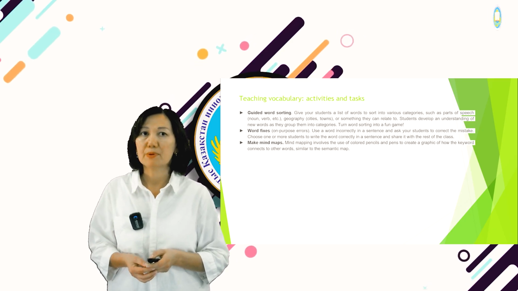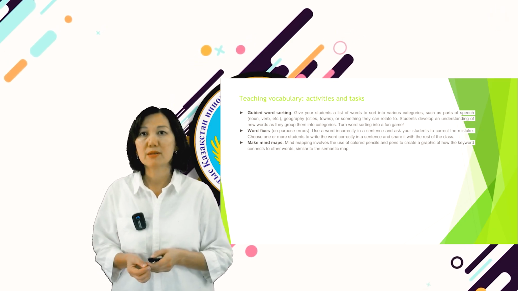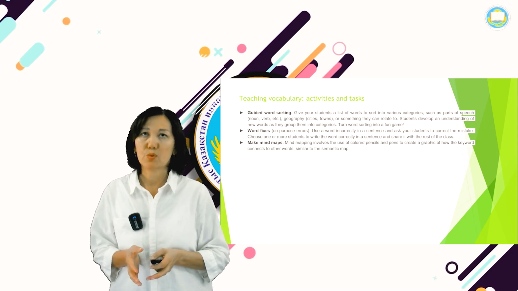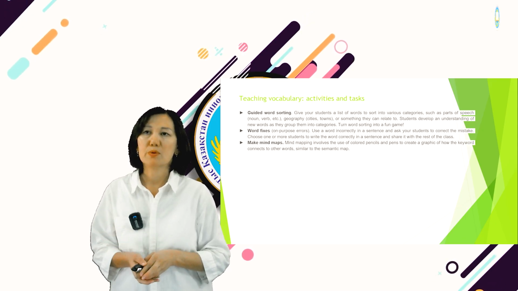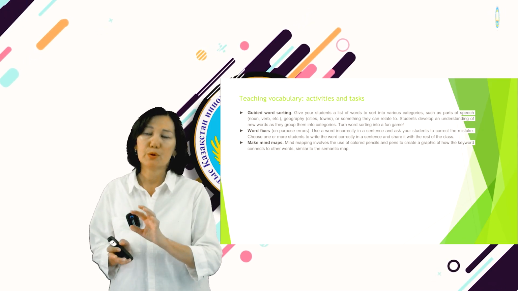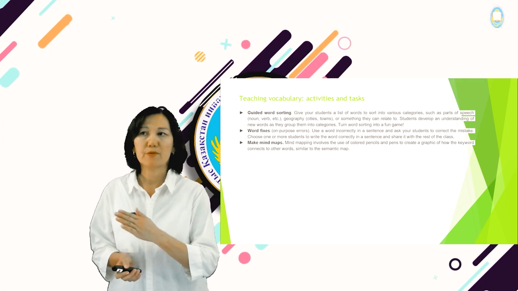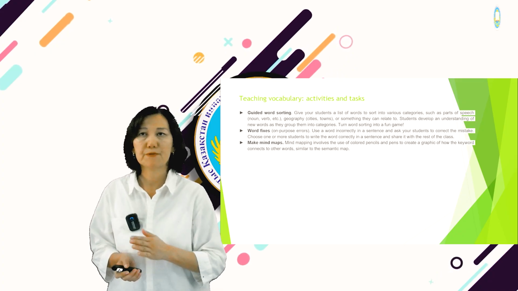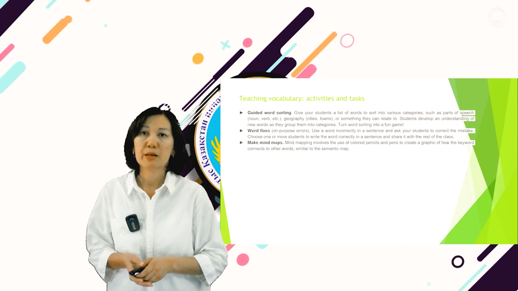Students develop the understanding of new words as they group them into categories. For example, food, so they have to highlight and group different parts of food, like fruits, for example, meat, fish, milk, and so on.